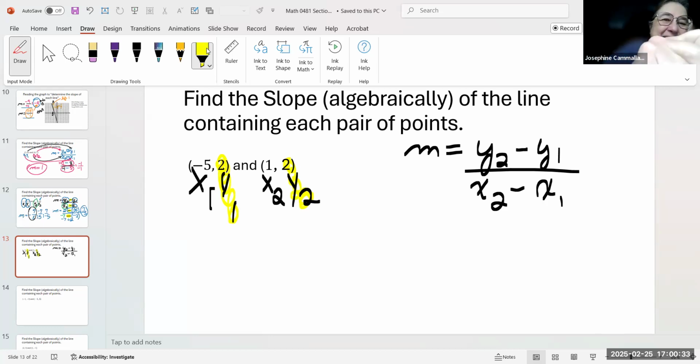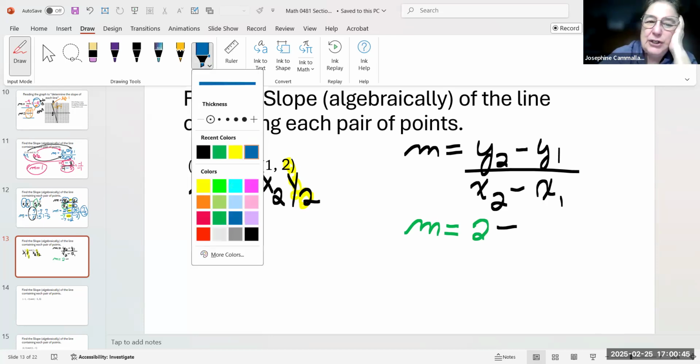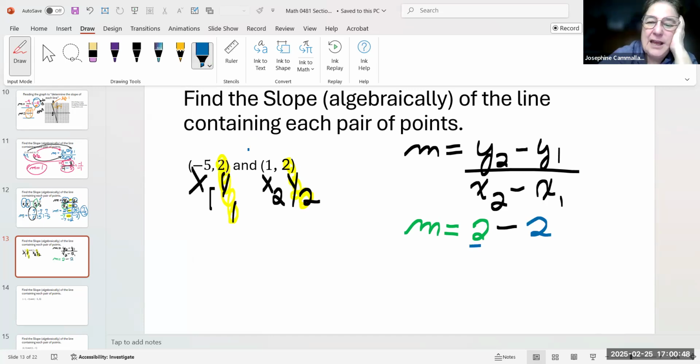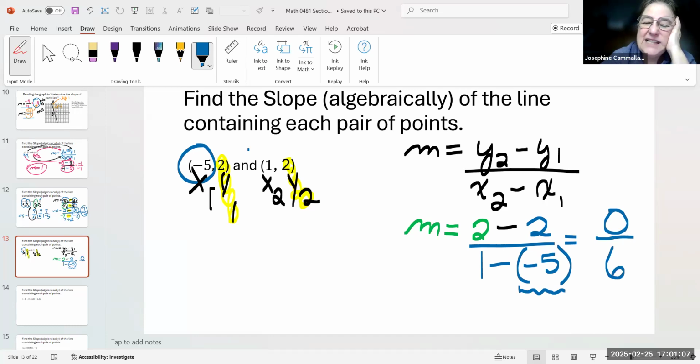Well, this is going to give me my slope of 2 minus 2 over 1 minus a minus, because notice this has got a negative. Notice how I put it in parentheses? Because this is 0 over +6.